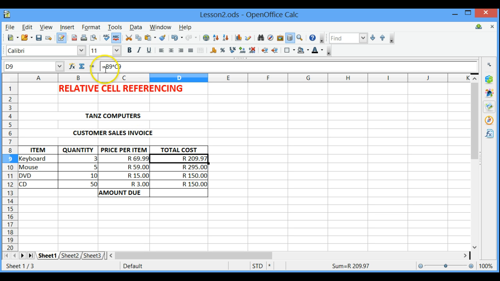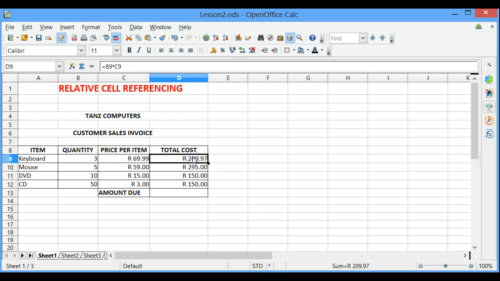It is equal to B9 times C9. Let's look at the formula that was copied to cell D10. The formula in cell D10 is equal to B10 times C10. So the formula automatically adjusted itself according to the row that we were working with.